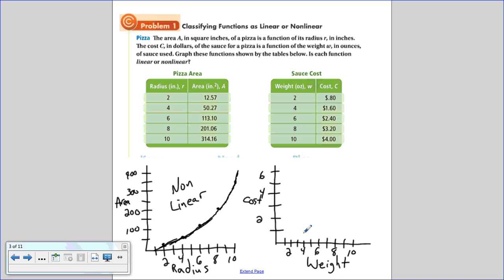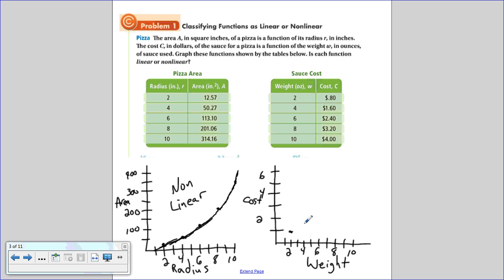How about this one? We have 2 and 8, so this is the cost of pizza. If we have 2 ounces, that costs 80 cents. Right there. 4 ounces is $1.60, so we're looking right up there. 6 ounces is $2.40. Oh, sorry, read my graph.